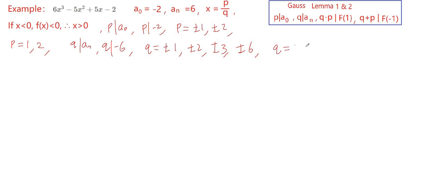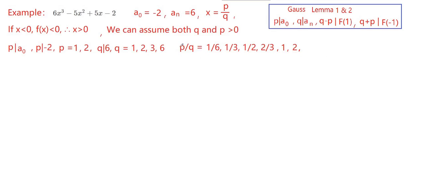So the possible x values are 1/6, 1/3, 1/2, 2/3, 1 or 2. Sure, the x values can only be one of these six numbers. So we can try them one by one to see if it is 0, and we can find the correct answer.